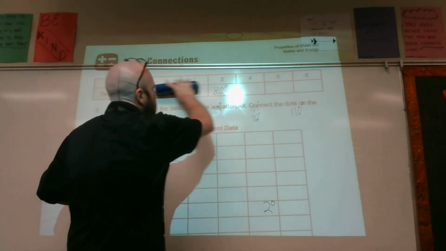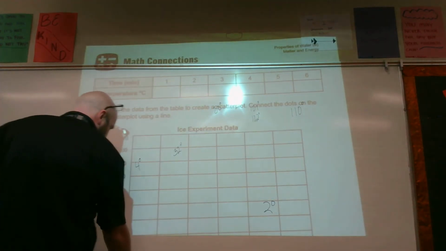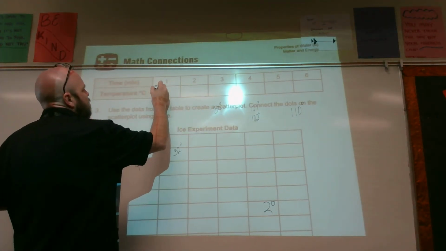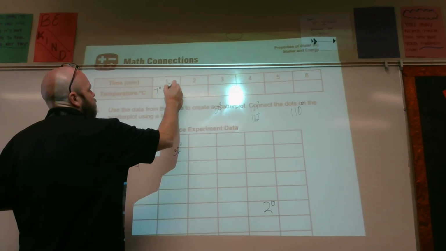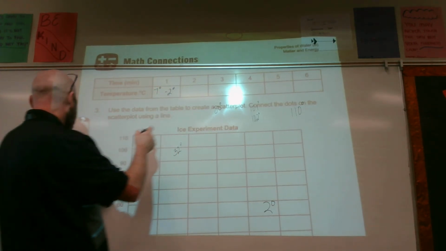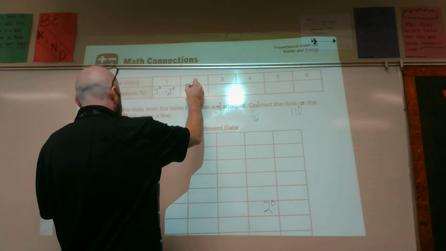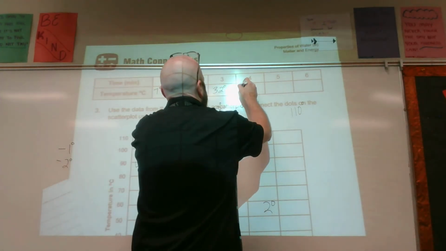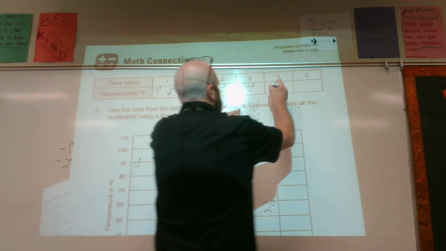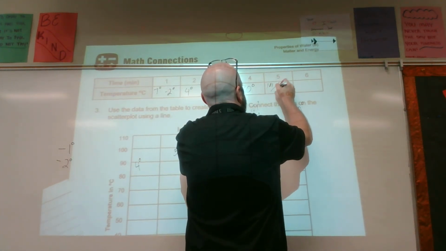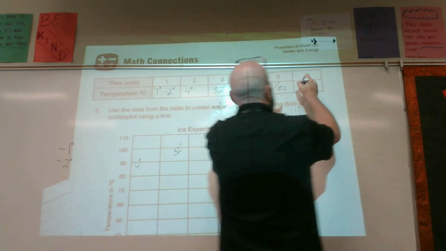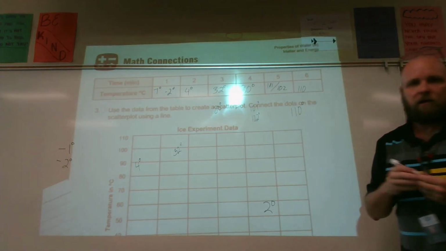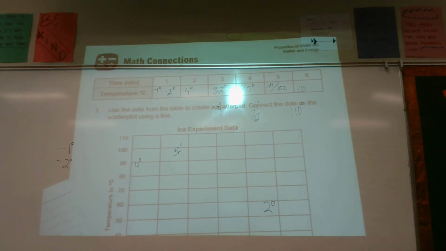I forgot -1 degree. Remember I said -1 or -2 degrees. That was hard to tell. Now I'm at 4 degrees. Now I'm at 32 degrees. Now I'm at 80 degrees. This was 101, 102 degrees, and this was 110 degrees. So please make sure your chart on both sides is filled in correctly.